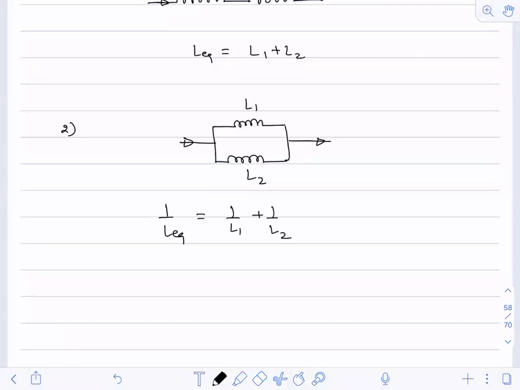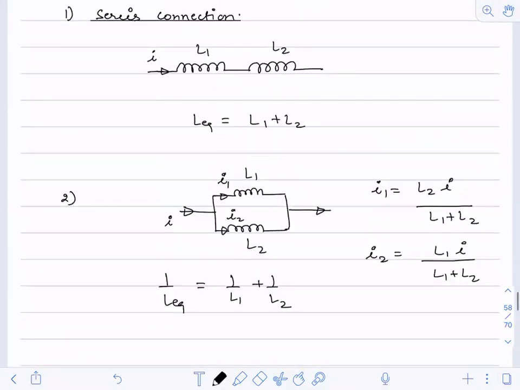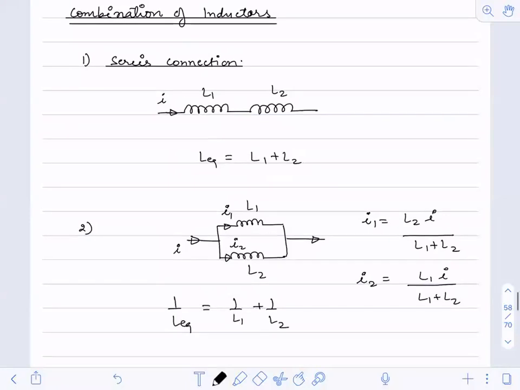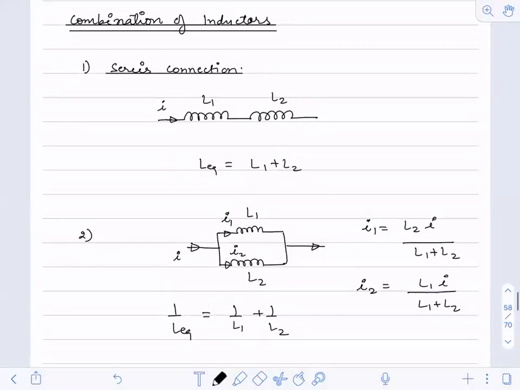Current will divide similar to what happens in resistors. I is equal to I1 plus I2. If you want to find the values of I1 and I2, I1 will be given as L2 I divided by L1 plus L2, and I2 will be given as L1 I divided by L1 plus L2. This is how you will do the combination problems.